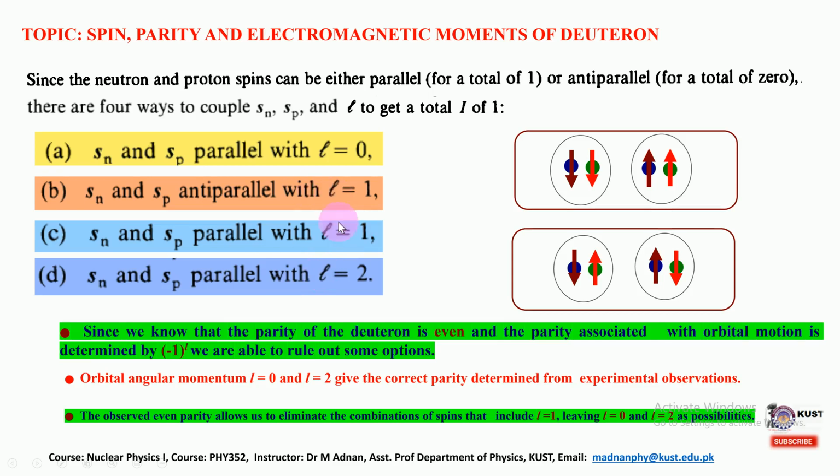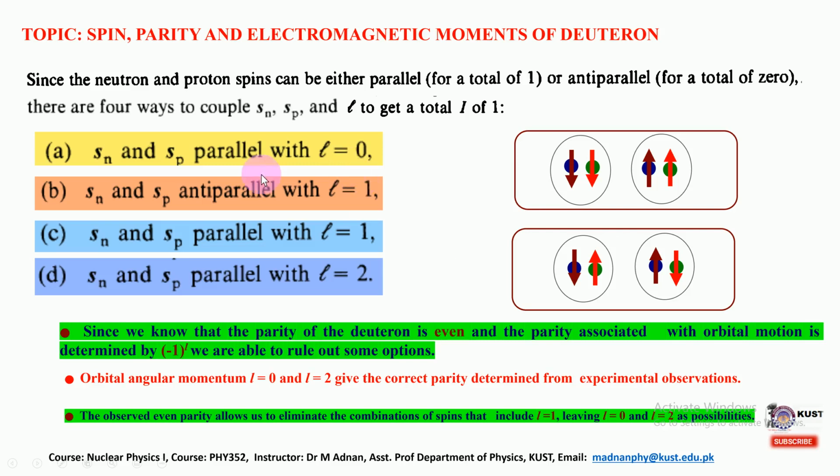So L equal to 1 is not possible. The observed even parity allows us to eliminate the combinations of the spin that include L equal to 1, leaving the first one and the last one, for L equal to 0 and L equal to 2, as possibilities.